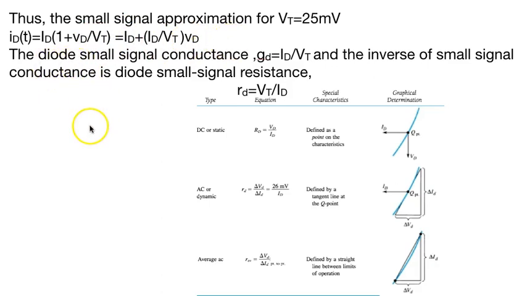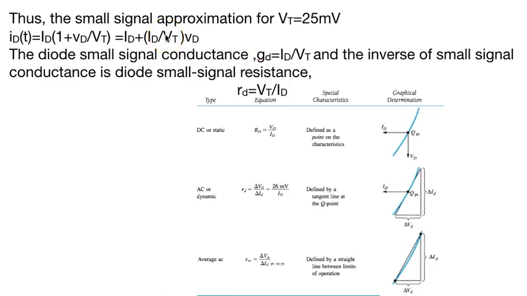Now the diode conductance will be the differentiation of the diode current with respect to the voltage V_D. If we consider the derivative over V_D, then it comes out to be I_D over V_T.